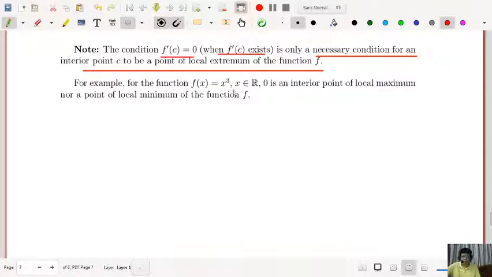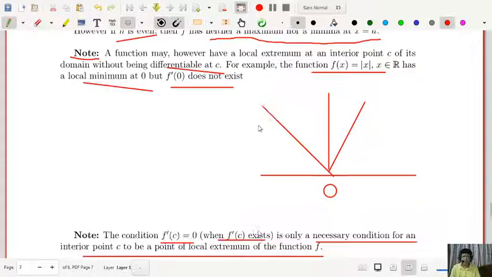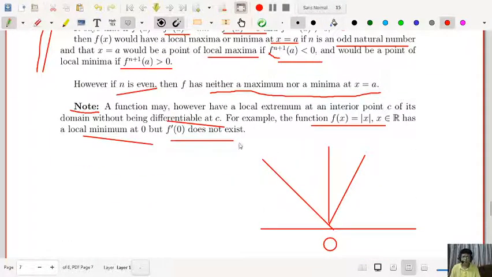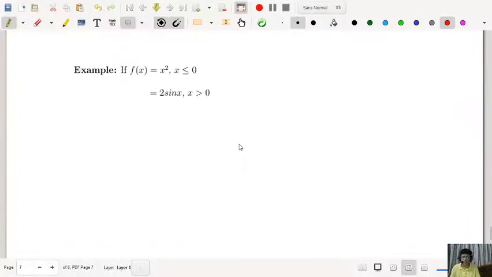Another example, for the function f(x) is equal to x cube, 0 is an interior point which is neither a point of local maxima nor a point of local minima of the function f(x). Okay, so these are the important notes about your necessary condition and sufficient condition.